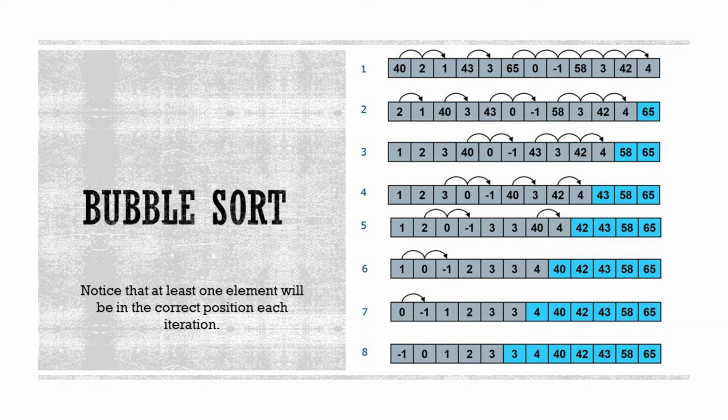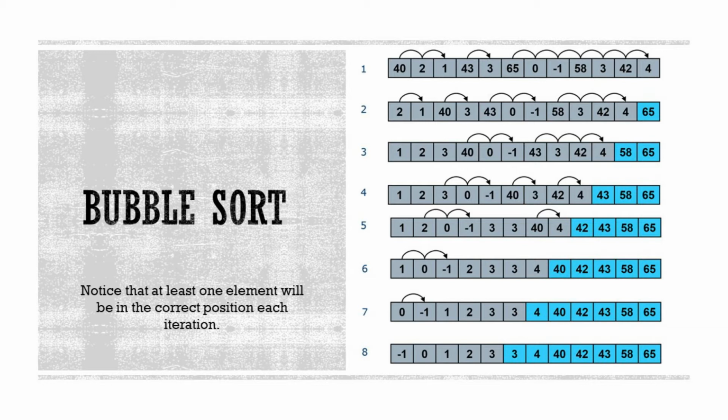In row 2, we can see it is the same for the 2 and 1. The 2 will move to the first place. And then 40 and 3, 40 will move to the third place with a swap. And 43 and 0, 43 will swap places with the 0.